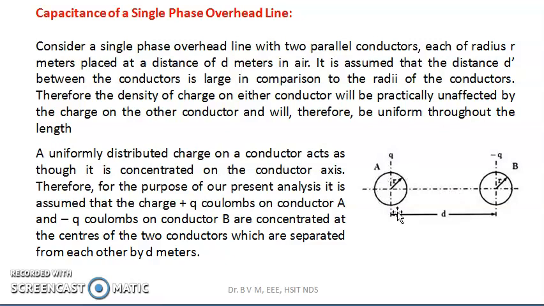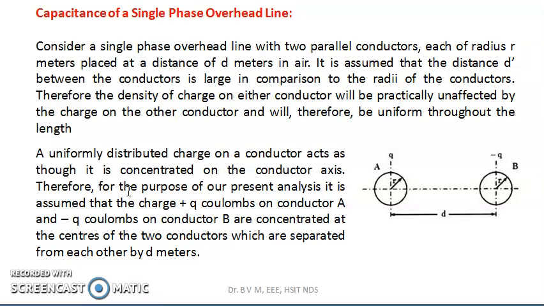So in inductance you have permeability; here you have permittivity. Here you have a charge Q, there you have current I. So this is perfect duality. So a uniformly distributed charge on a conductor acts as though it is concentrated on the conductor axis.